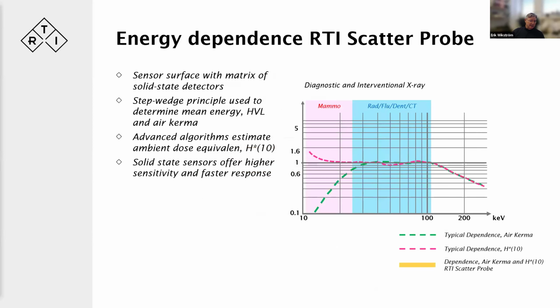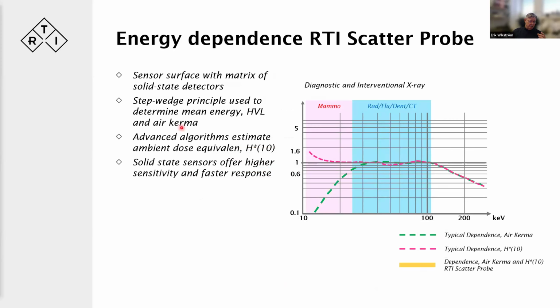And how is that achieved? Well, the sensor surface is a matrix of solid state detectors. We use a step wedge principle similar to what we have in our QA instruments.